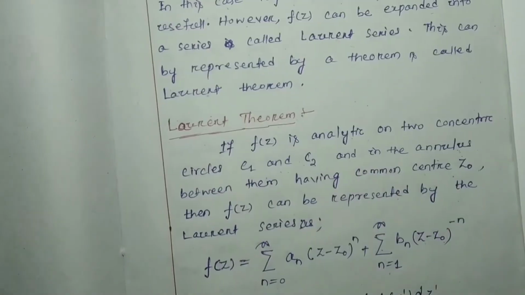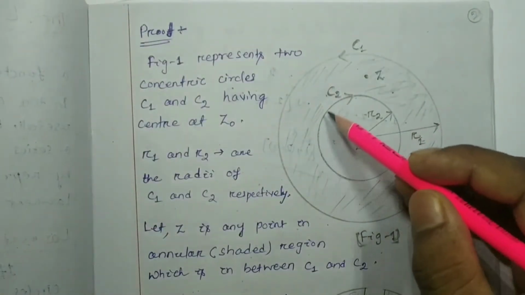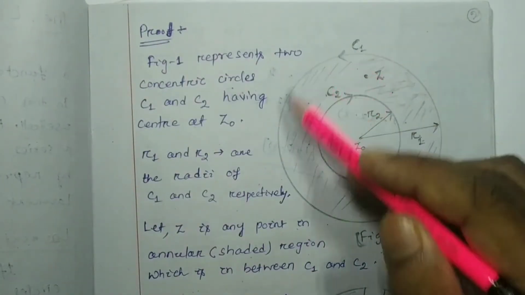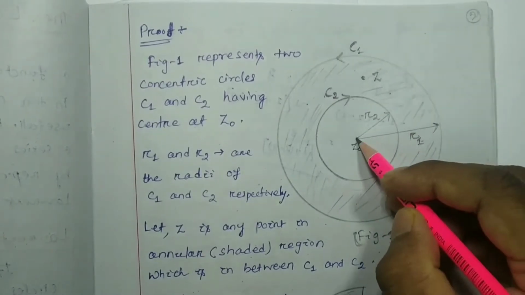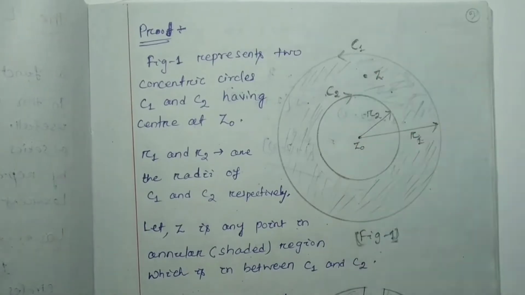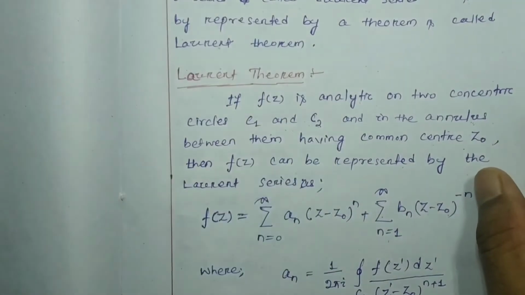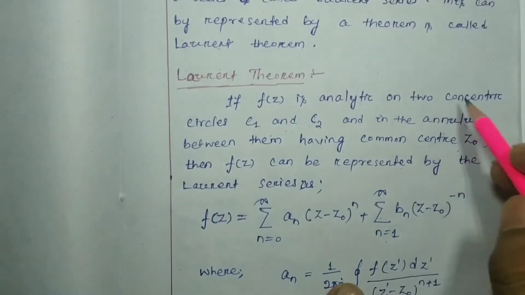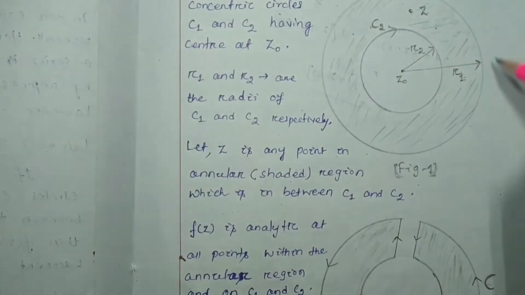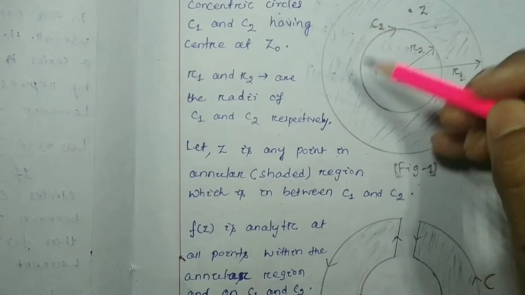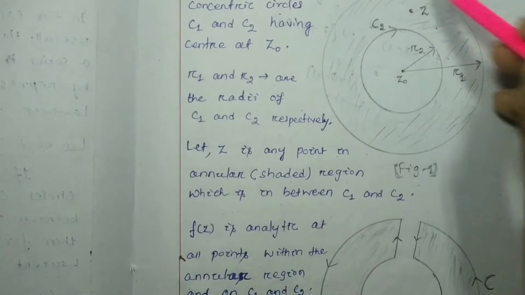The corresponding figure is this one. That means two concentric circles, C1 and C2, and z0 is the common center for C2 and C1. It is written here that f(z) is analytic on the boundary of these two circles and in the annulus. Annulus means the area bounded by these two circles.